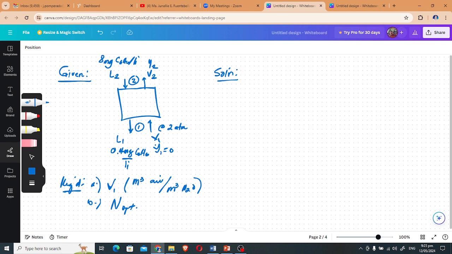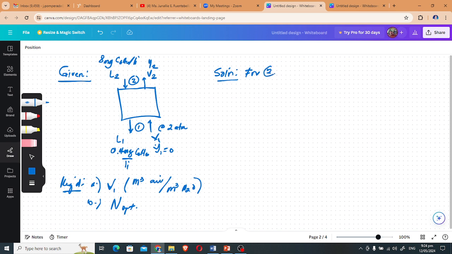So if you notice, our concentrations are in mass per unit volume, so there's a need for us to convert it to moles, because when we speak of gas absorption and stripping processes, our concentration should be in mole fractions, and as such this will not work initially, so there has to be a conversion.